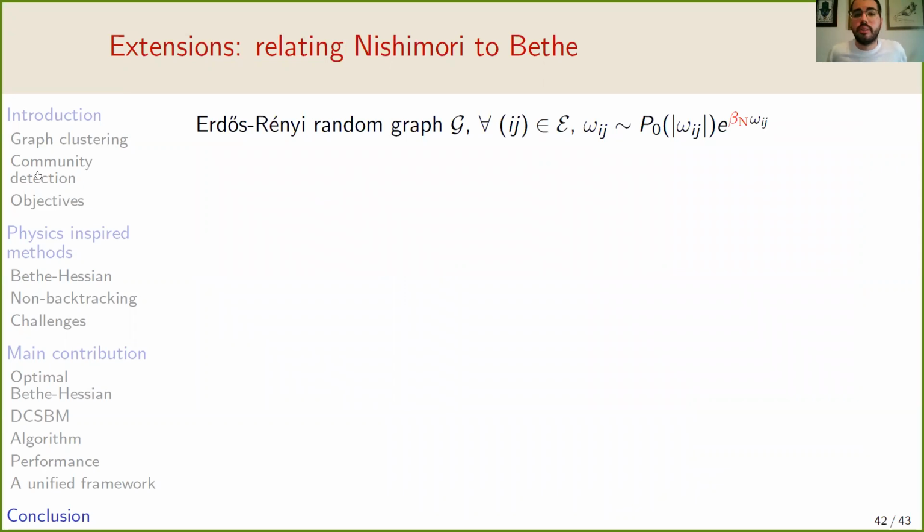Another application we gave is relating Nishimori to Bethe, as we called it. So we consider an Erdős-Rényi random graph, and we assign to each edge a weight which is distributed according to a symmetric probability distribution. And then we have a term which goes as e to the beta_n w_ij, where beta_n is the so-called Nishimori temperature, which has great importance in Bayesian inference and physics of spin glasses.